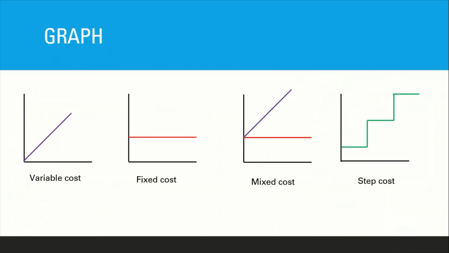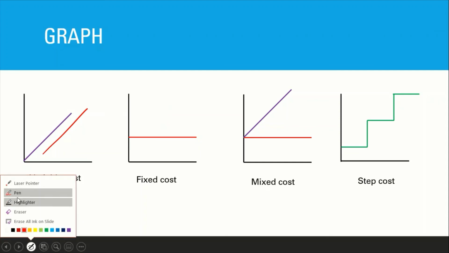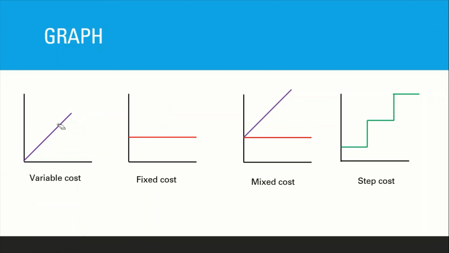So the next one is the graph for the costs. You can see variable always goes up. If you look at the graph itself, it shows the costs visually. When the quantity is 1, the cost will be 10.